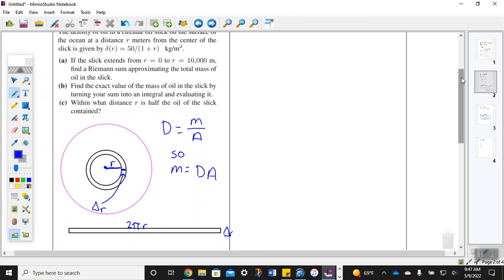Part A. What are we trying to find in part A? Or what are we really trying to find here again? Total what? Okay. First thing I need to do is come up with the mass of a slice. That's going to equal the, you guys told me density times what?